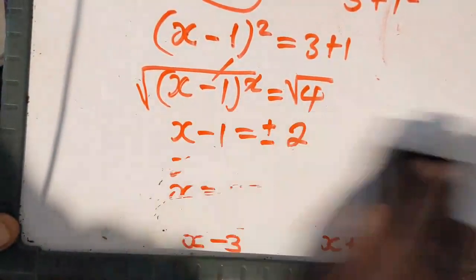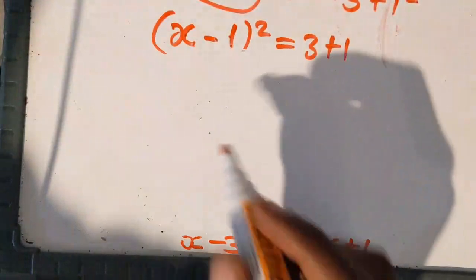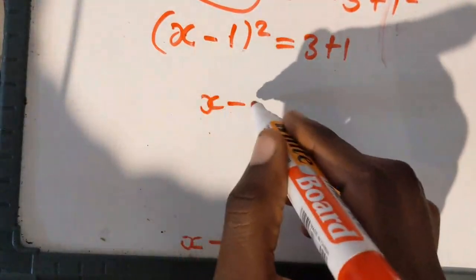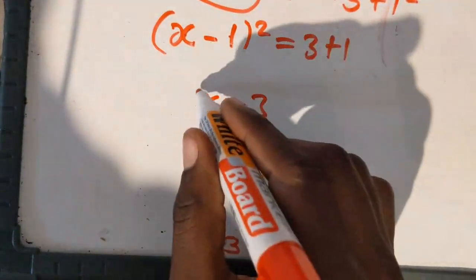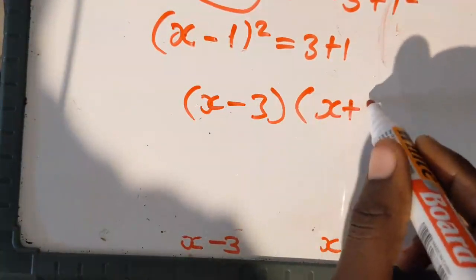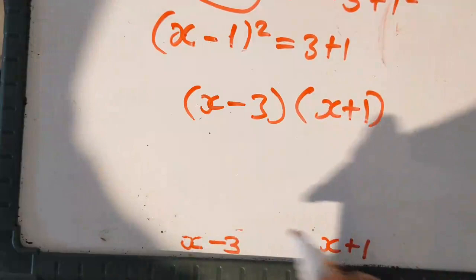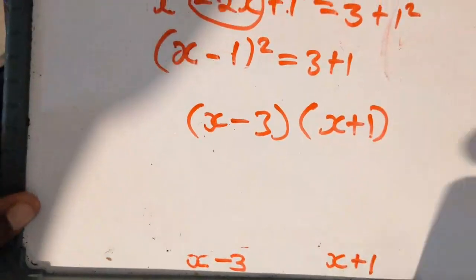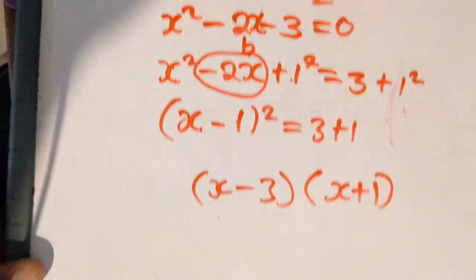So the factors of that polynomial, we have x minus 3, we also have x plus 1, and there was what we were given at first.